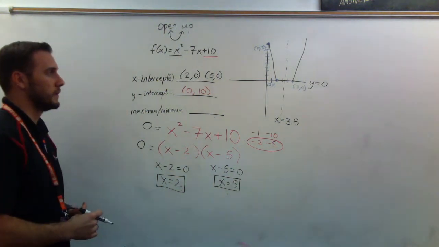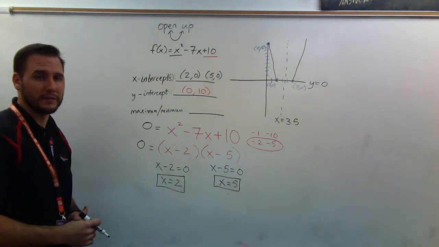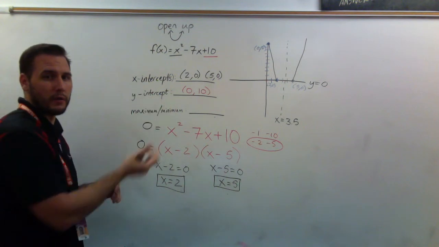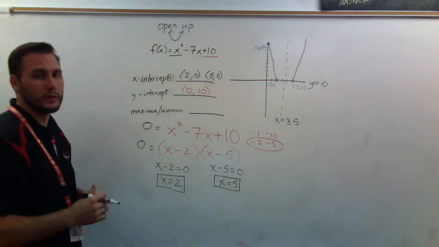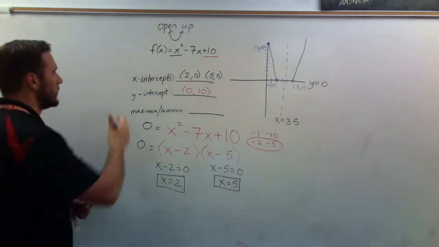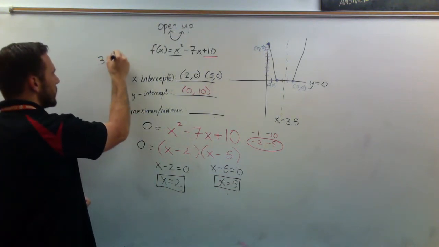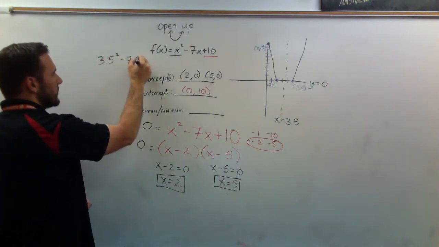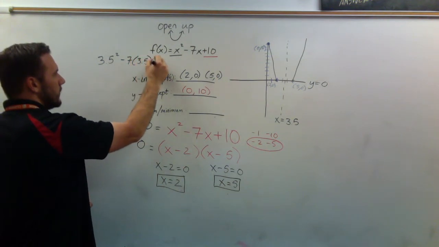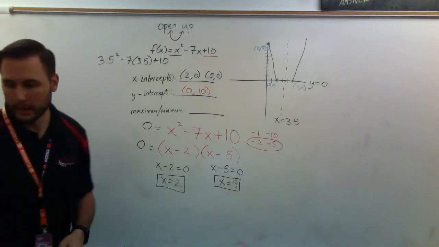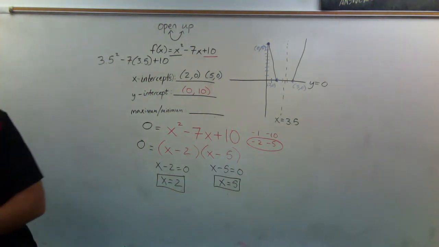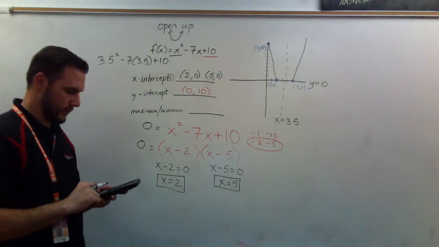Now, to figure out what that value gives us as far as where it's located along the y direction, up and down, we would just plug it back into our original equation. So I would take 3.5 squared minus 7 times 3.5, and then go back and add 10. So I'm going to grab a calculator over here. I don't quite know my 3.5 times tables.